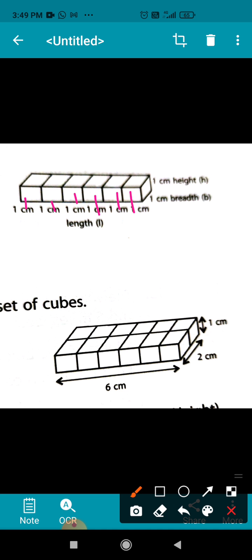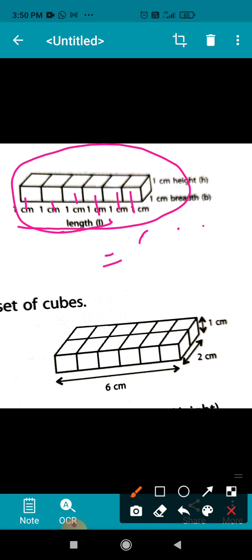So here 6 cubes are joined together. So the volume of this figure will be length 6, breadth 1 and height 1.